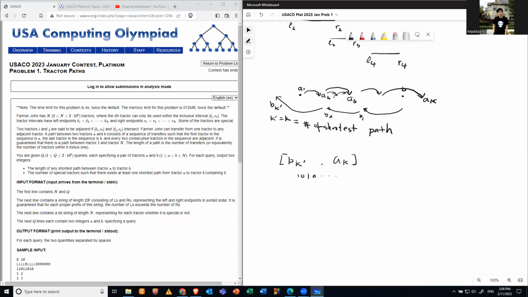Because, as we just pointed out, if there's a tractor here, there is a shortest path that goes through it. Even if it's here, you can go from here and reach that, so that means it is on one of the shortest paths.